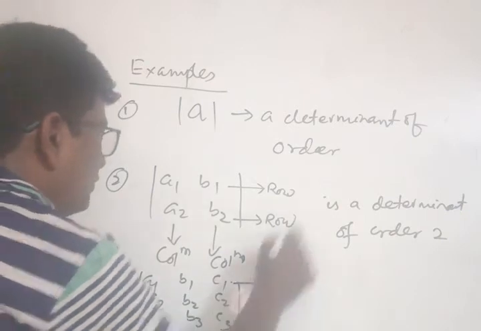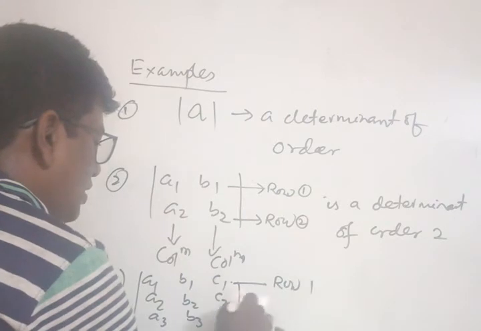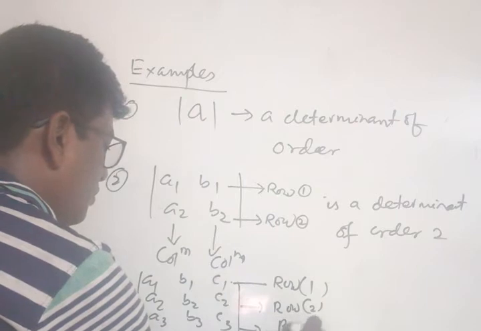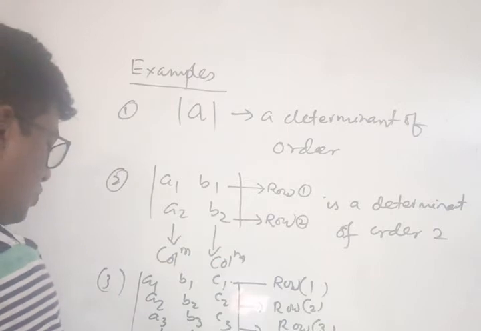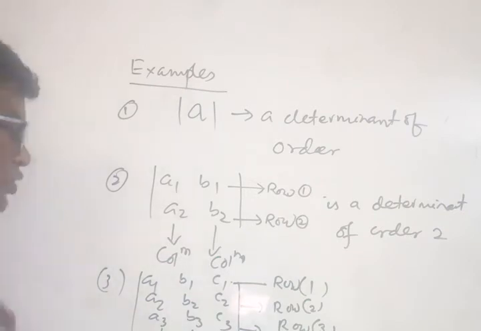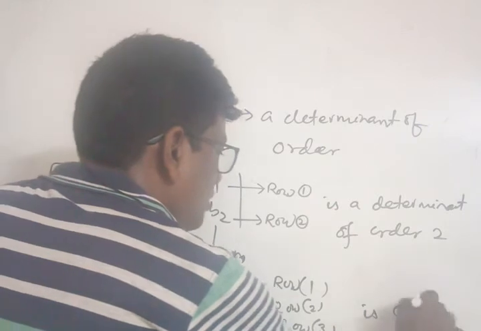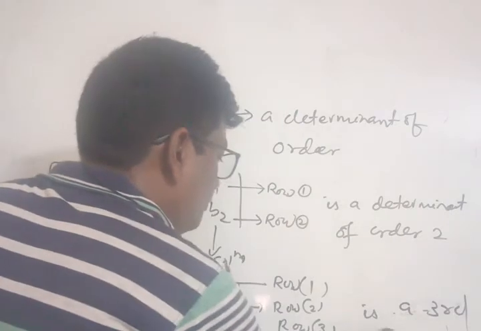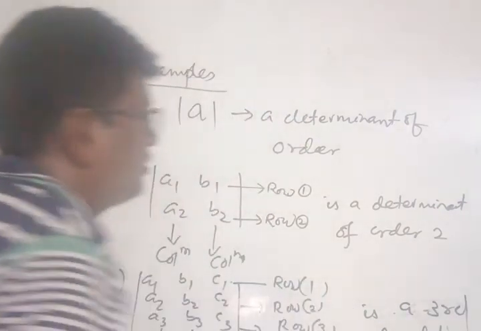This is row 1, row 2, row 3, and this is column 1, column 2, column 3. So there are 3 rows and 3 columns. It is a third order determinant. Clear?